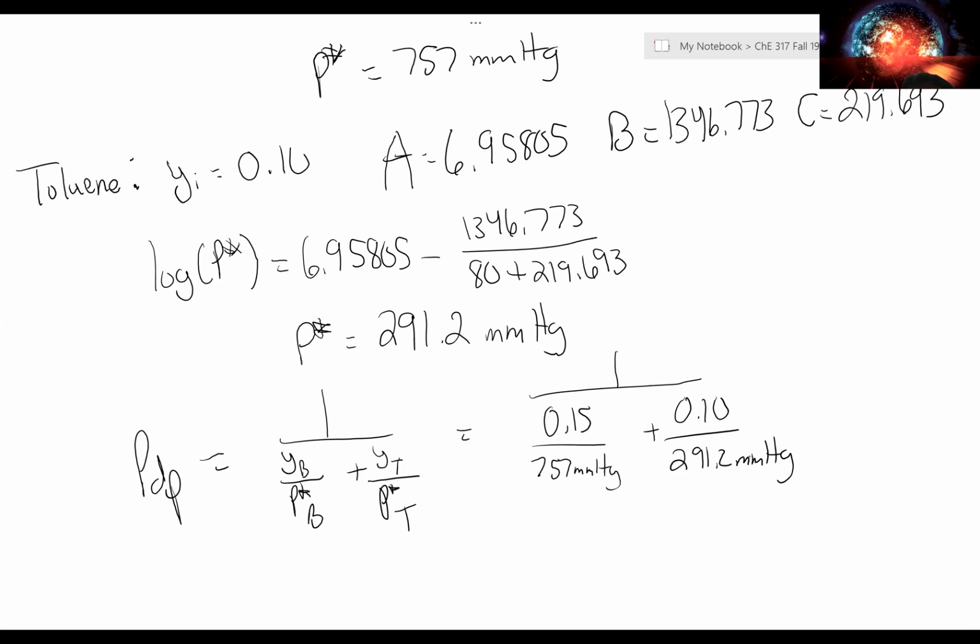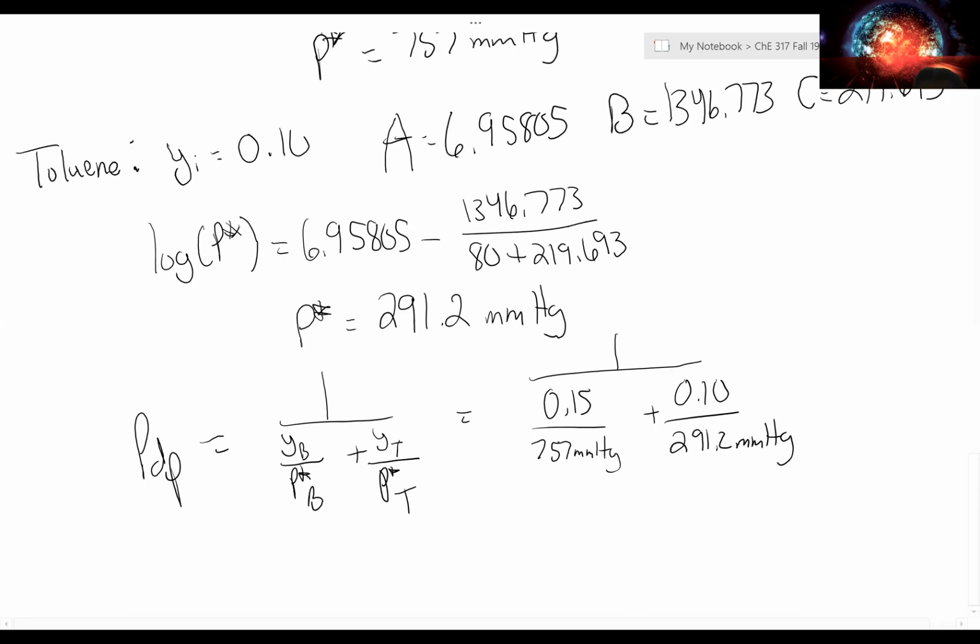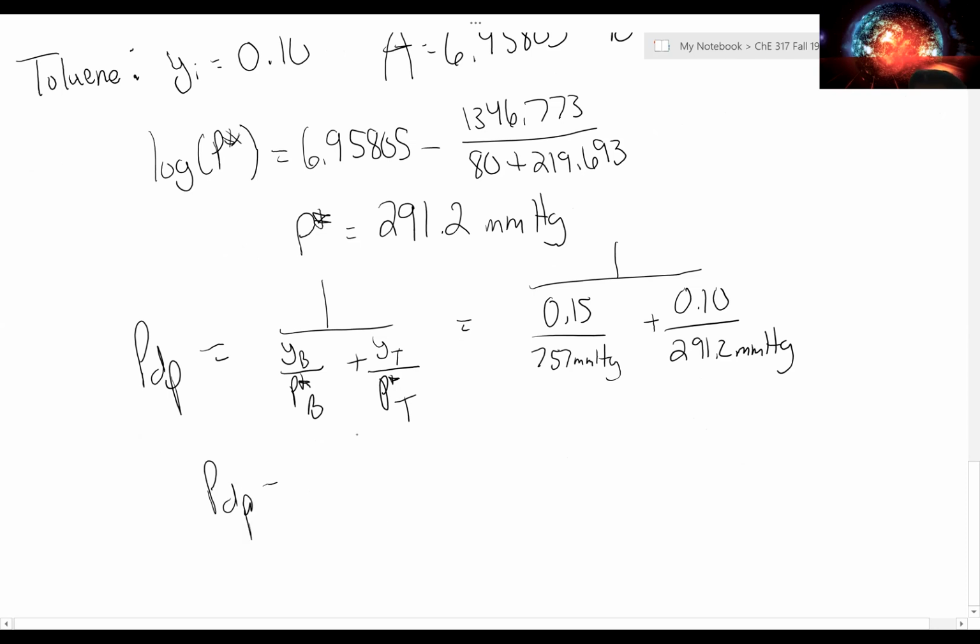What does that give us? I get a dew point pressure of about 1,847 millimeters of mercury, which in atmospheres is approximately 2.42 atmospheres.